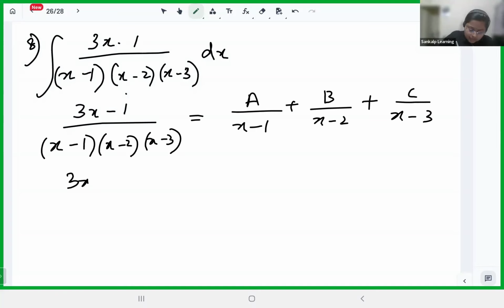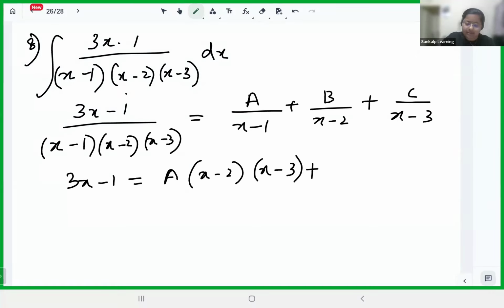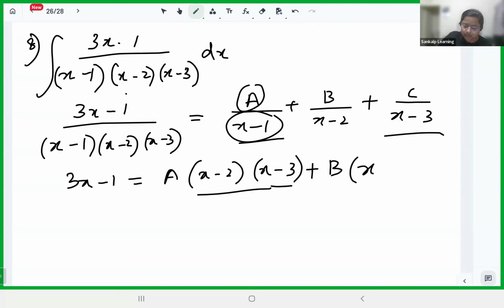So 3x minus 1 is equal to a into x minus 2 into x minus 3 plus, you write the denominator which is not present in that particular one. If you're considering a, you don't find the product with the denominator of a. All the rest of the denominators you can write. So this is b into x minus 1 into x minus 3 plus c into x minus 1 into x minus 2.